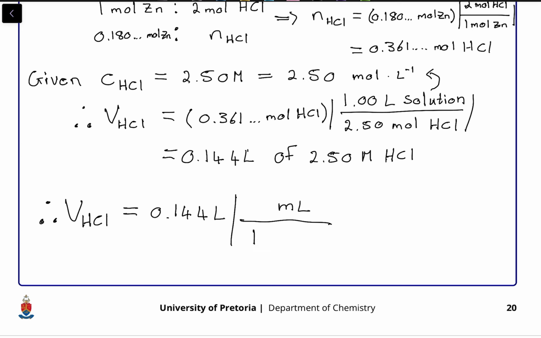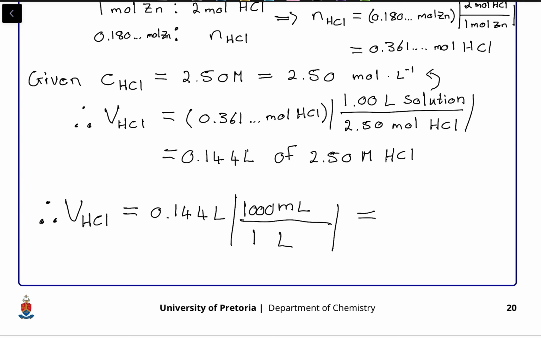We have liter. There is 1,000 milliliter in 1 liter, or there's 10 to the power minus 3 liter in a milliliter.